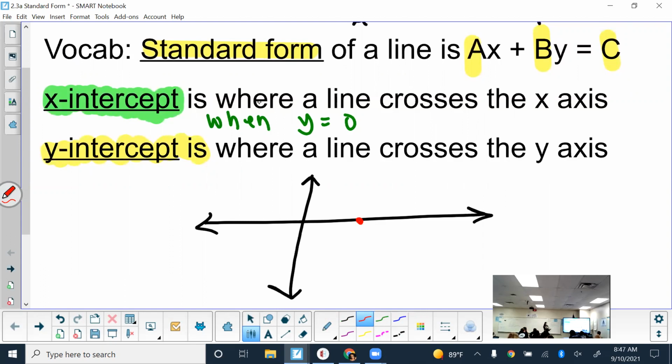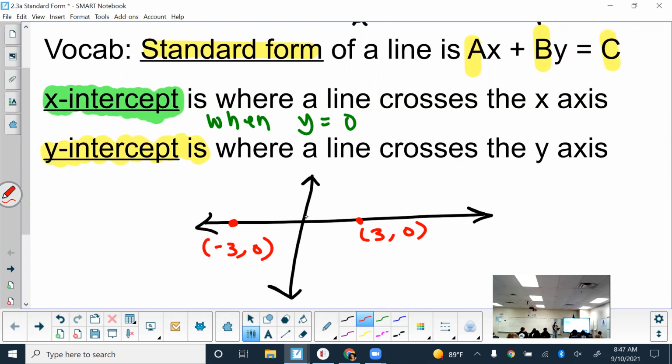So when I say your x-intercept is when y equals 0, well, let's say this is 30, 0, that y value is 0. If I do it over here, let's say this is -30, the y value is 0 again. At the origin, 0, 0, y value is 0. So anytime you see where the y value is 0, that's your x-intercept.